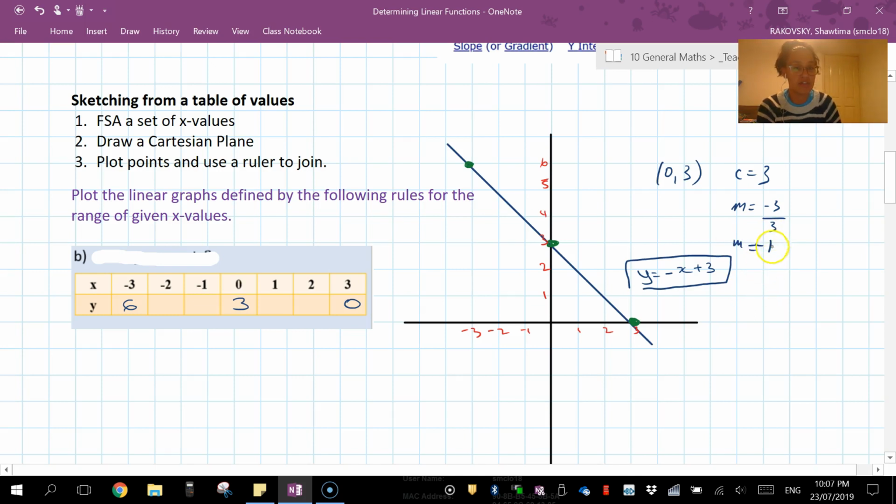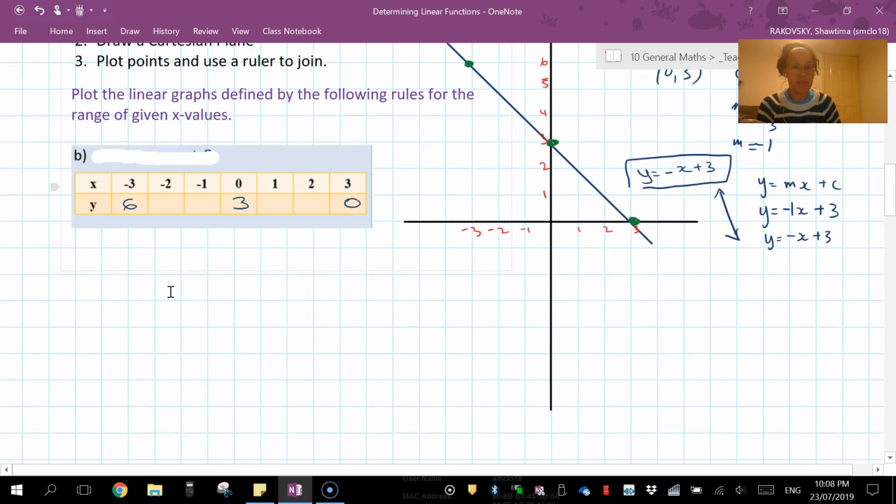Therefore, if you substitute m and c into the form y equals mx plus c, you'll find that it's y equals -1x plus 3. Convention states we just write it without the 1 in front. And voila, look at that.